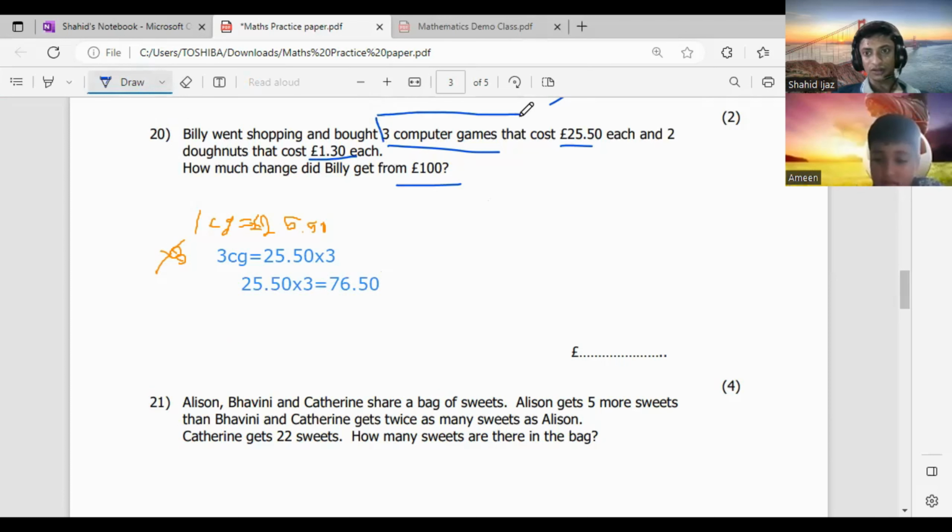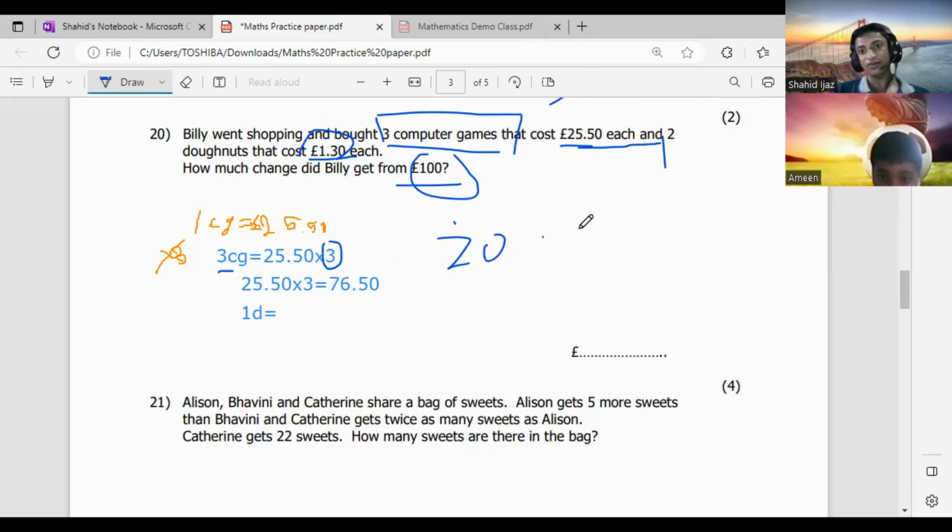You calculated this portion, and now you have to work on this. No, I already did that. Three computer games total become 76.50. Now we'll multiply 2 by the donut price, add them both, and subtract from 100, and our answer will be 20.9.